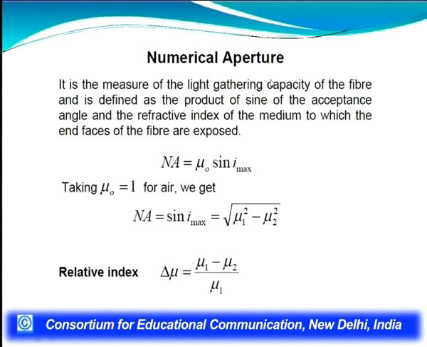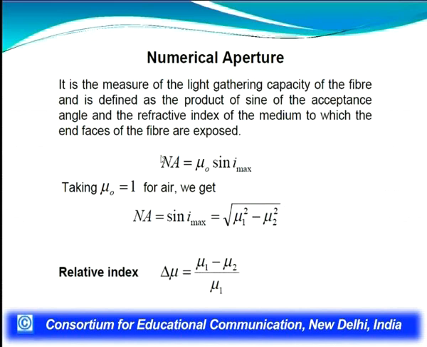Then numerical aperture. On the basis of the acceptance angle I maximum, we can define the numerical aperture. It is a measure of the light gathering capacity of the fiber and is defined as the product of the sine of the acceptance angle and the refractive index of the medium to which the end faces of the fiber are exposed.